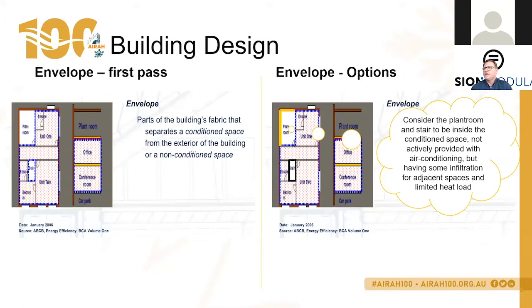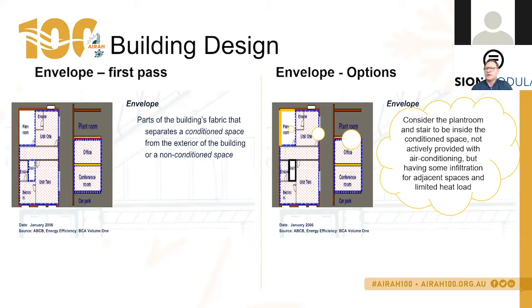You may consider both the plant room and the stair to be inside the conditioned space or inside the building envelope. From the diagram on the right-hand side, you can see I've got the yellowish lines which go around the outside of the plant room. So I have moved the envelope line to the outside of the plant room, and I have deleted the need for the envelope around the stair.